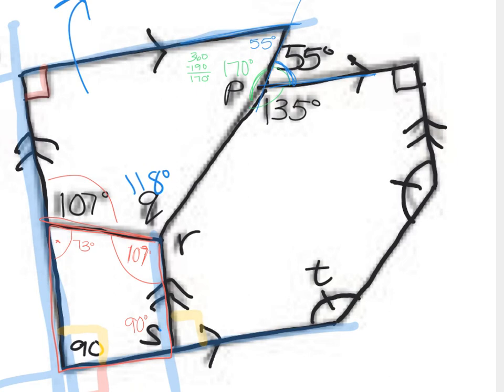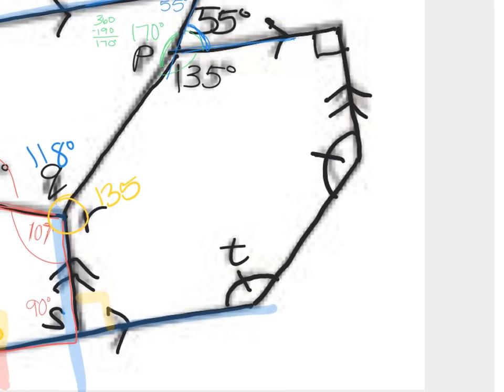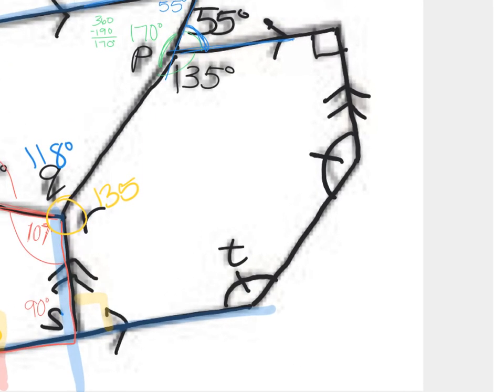Then I have another circle right here that will add to 360. 360 minus the 118 that I know, minus the 107 that I found, leaves 135 for R. And then I've got this hexagon out here. I know that T and this other angle are the same.